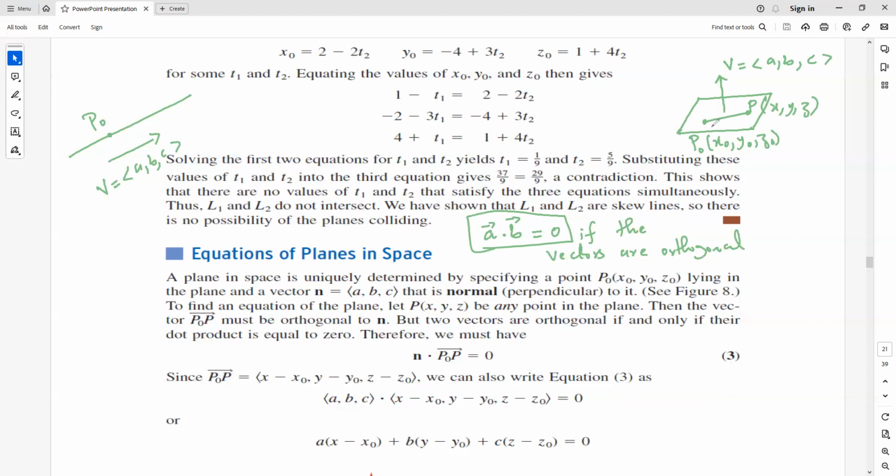Therefore, this vector is perpendicular to the vector P0P, right? So the dot product of these two vectors should equal 0.